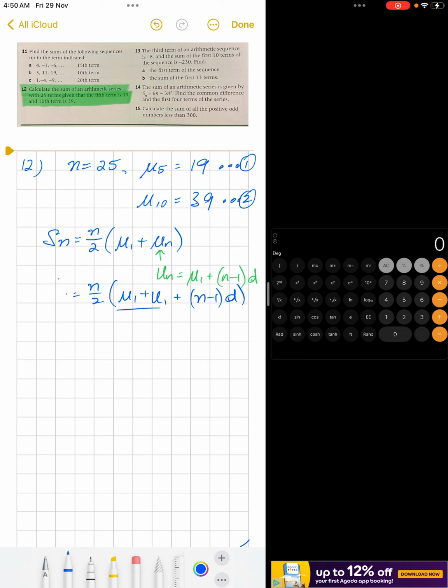So we could use this formula, and we could just have 2 times the first term, n minus 1 lots of d.